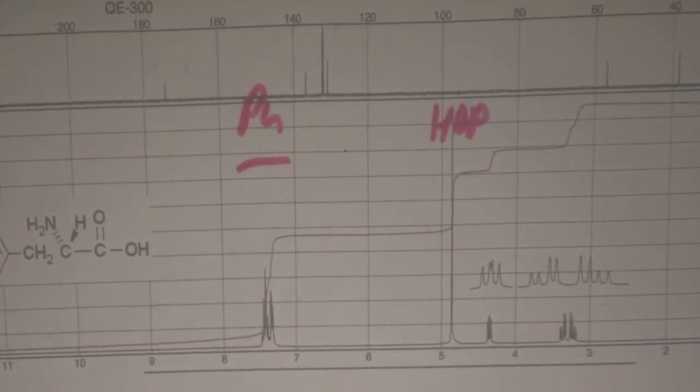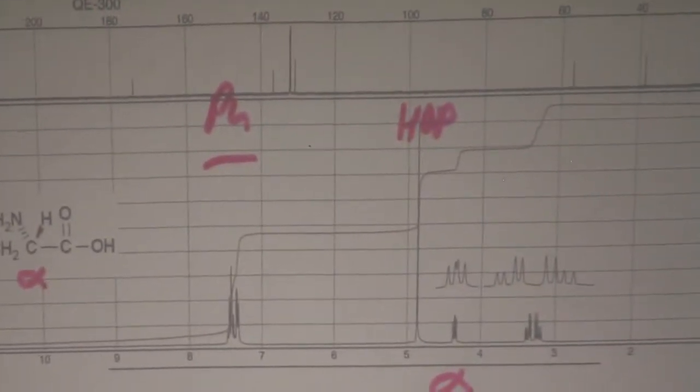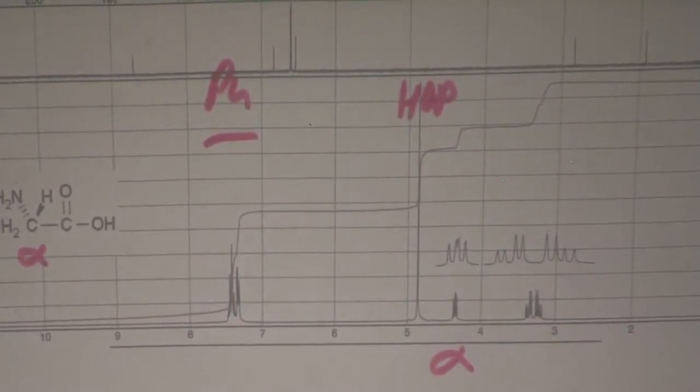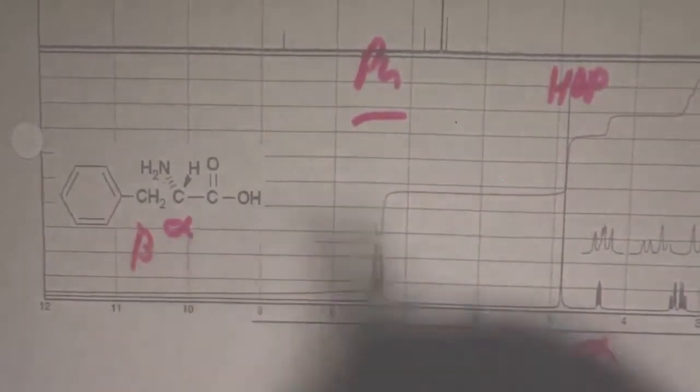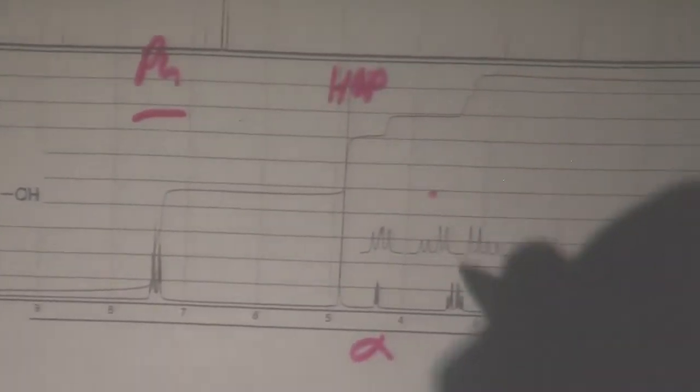We see our proton connected to the alpha carbon over here, just a hair downfield at about 4.3 parts per million. And then we see our beta protons, the ones that are next to the phenyl, and we see them as 2 peaks.